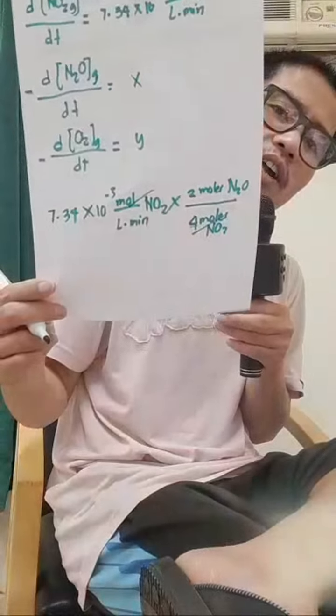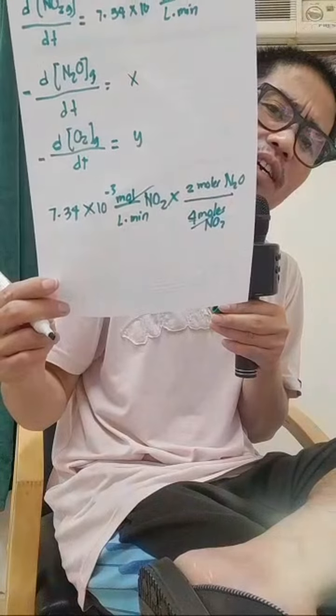This is our rate of disappearance of dinitrogen oxide through our basis of calculation, which is 7.34 times 10 to the negative 3 molar per minute, or moles per liter minute. So this is what we put in place of X, because we already solved that out. There will be no X anymore, it has been computed already. Then put that there. Calculator please.